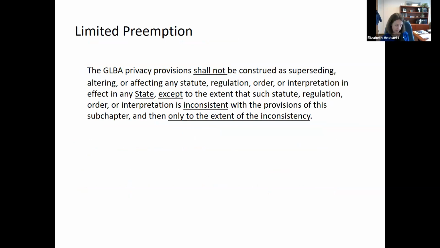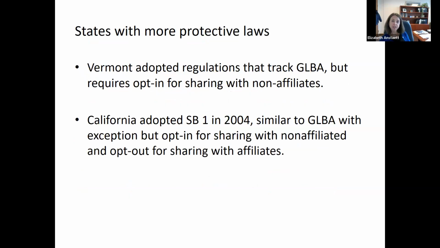And so that really gets to the Vermont and California, the two big states that did enact more restrictive state laws. And in our next module with the FCRA, you'll learn why there probably are not any more of these. And so with that, I think we will finish this privacy discussion, and we'll carry on with the next module.